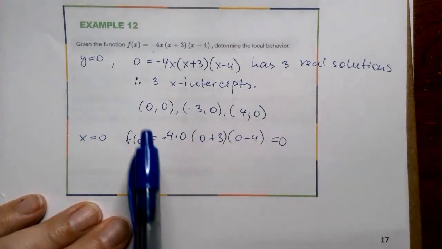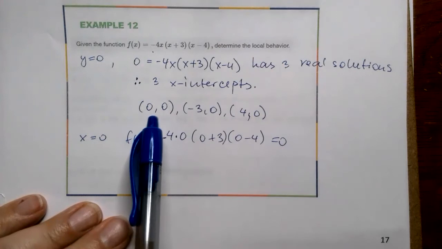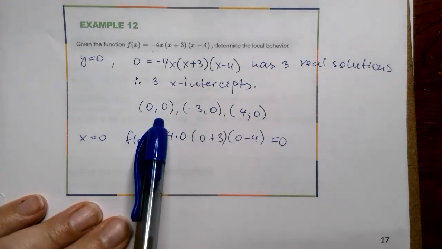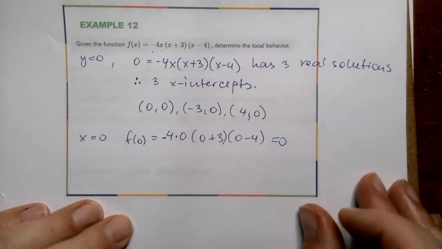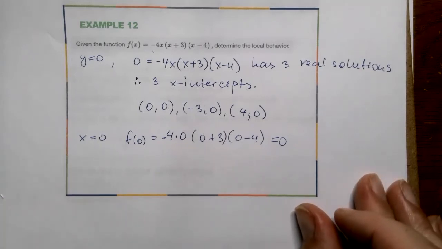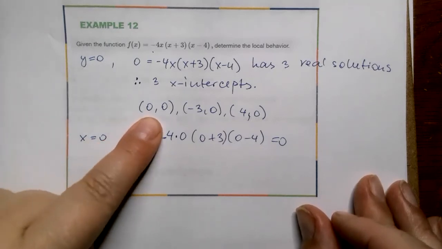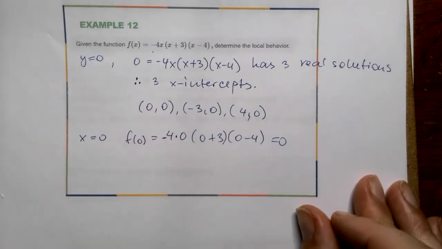And we already have that point right here. This is our x-intercept and the y-intercept at the same time. And remember, a polynomial function can only have one y-intercept. So once we had it here, we already knew that's what it would be.